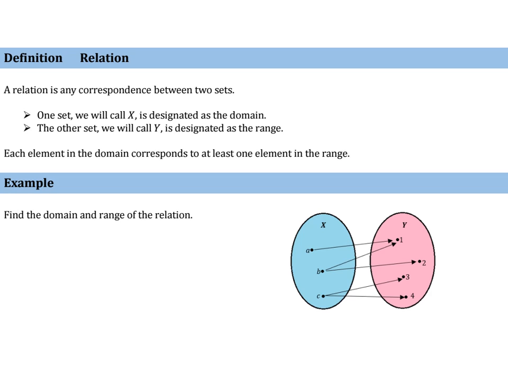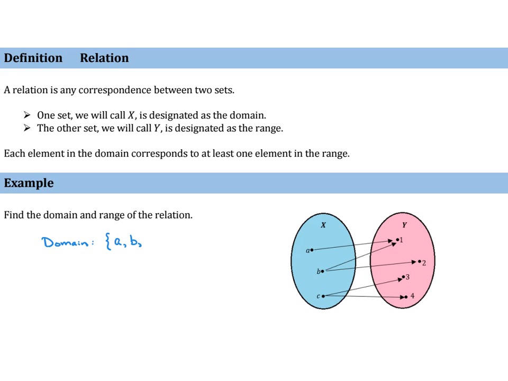So what is the domain? The domain is the set of values that get assigned to Y values. So A, B, and C are all assigned to 1, 2, 3, and 4. So the domain is the set, and we use curly brackets to denote a set, remember.